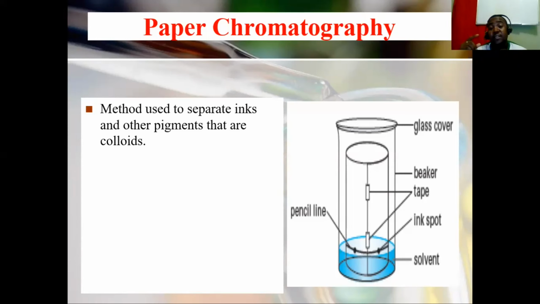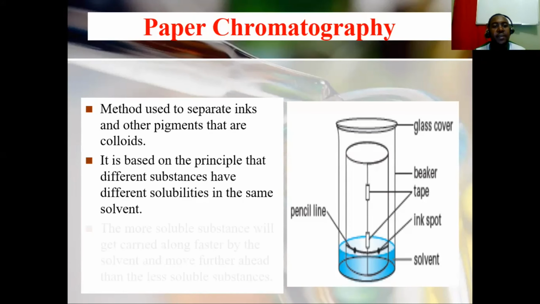That means the solvent that you choose has to be one that your pigment is able to dissolve in. We normally use water or ethanol or alcohol. Based on their solubility, they will move accordingly, so they separate based on their colors.